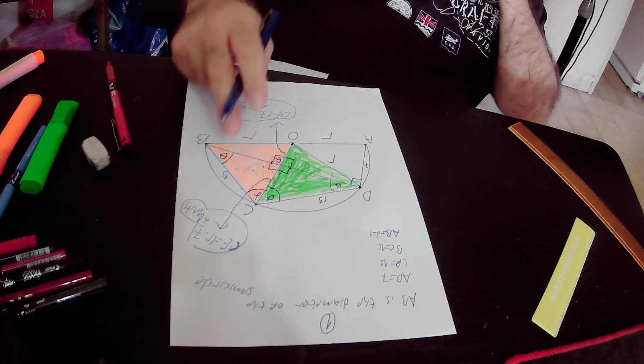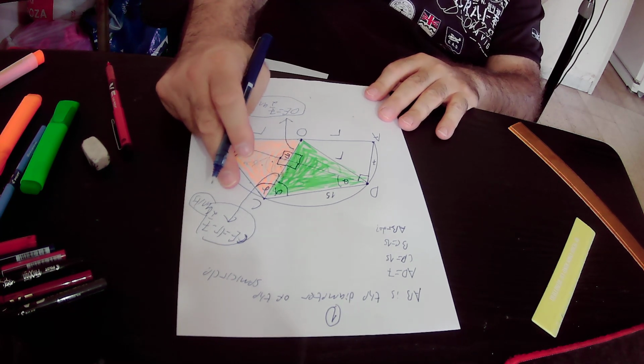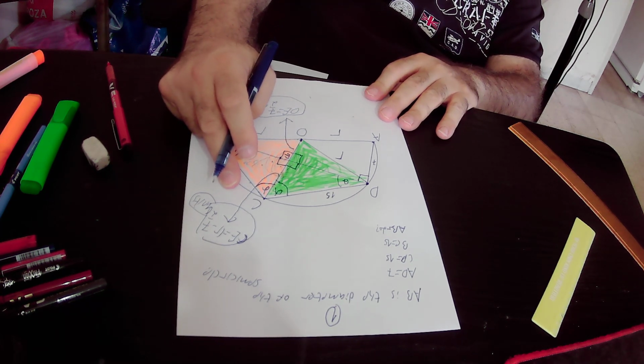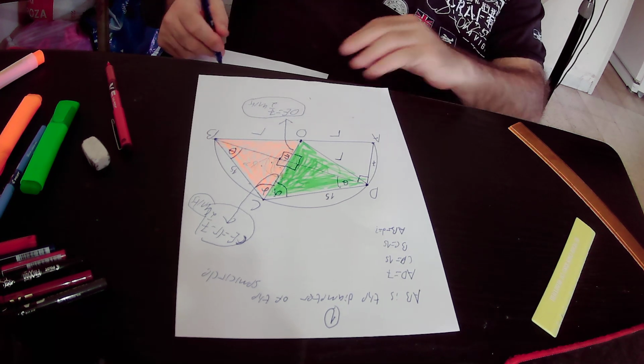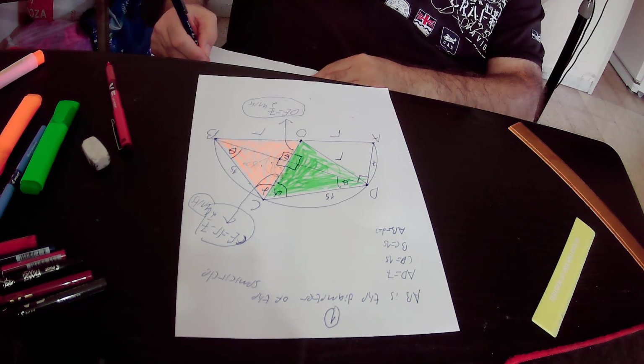Minus EC squared. What is the value of EC? EC equals R minus 7 over 2 units, so EC squared will be equal to R minus 7 over 2 squared.